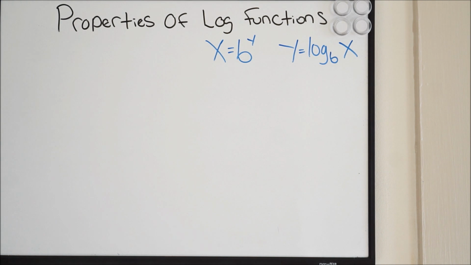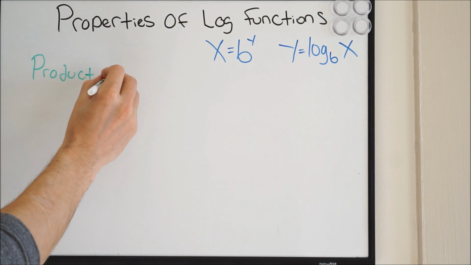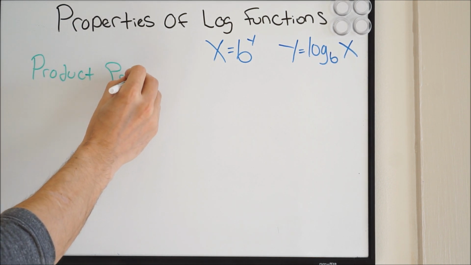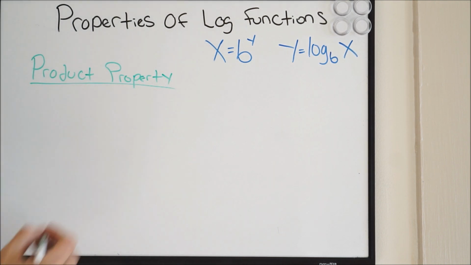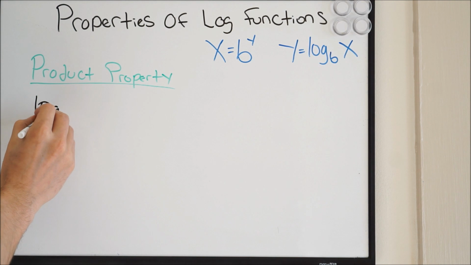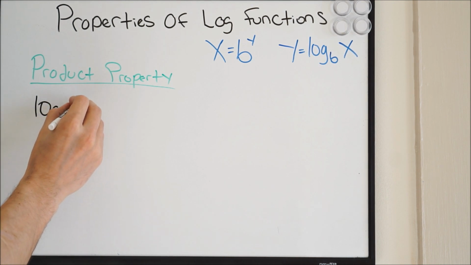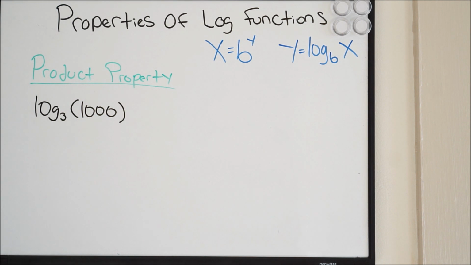So the first one we're going to go over is the product property. So let's write this out. Product property. Alright, and let's see what this looks like. So if we have, let's do a basic example here, log base 3 of 1,000.